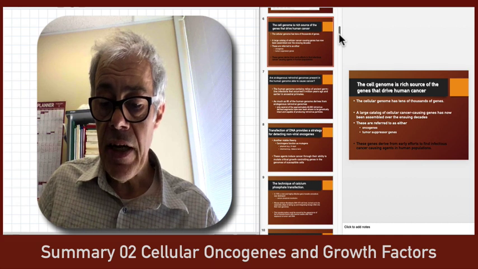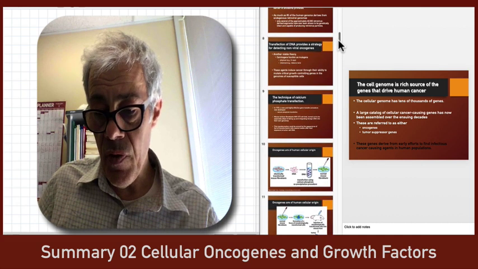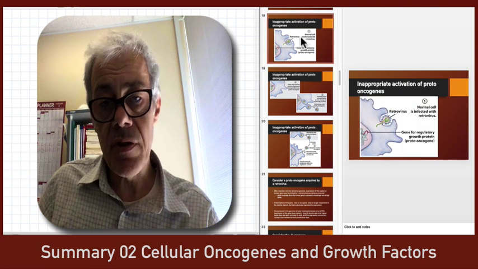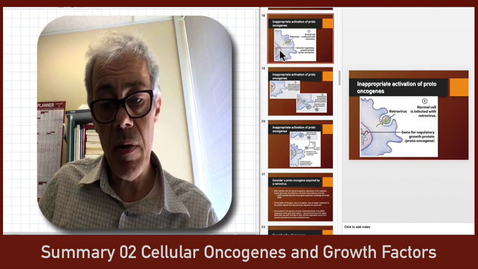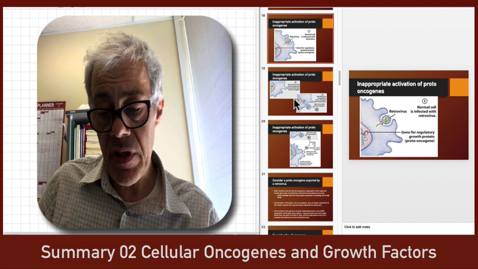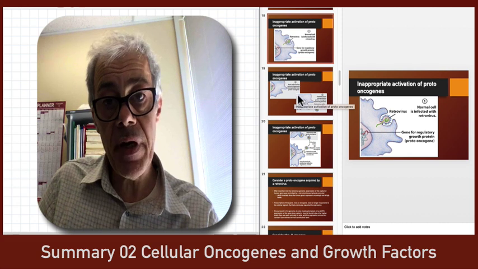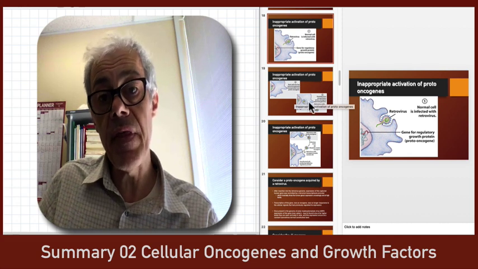So it turns out, if we skip ahead here, that these viruses were integrating into the human genome. As part of their life cycle, they were then excising themselves from the human genome and on occasion picking up a bit of human DNA in their genome.